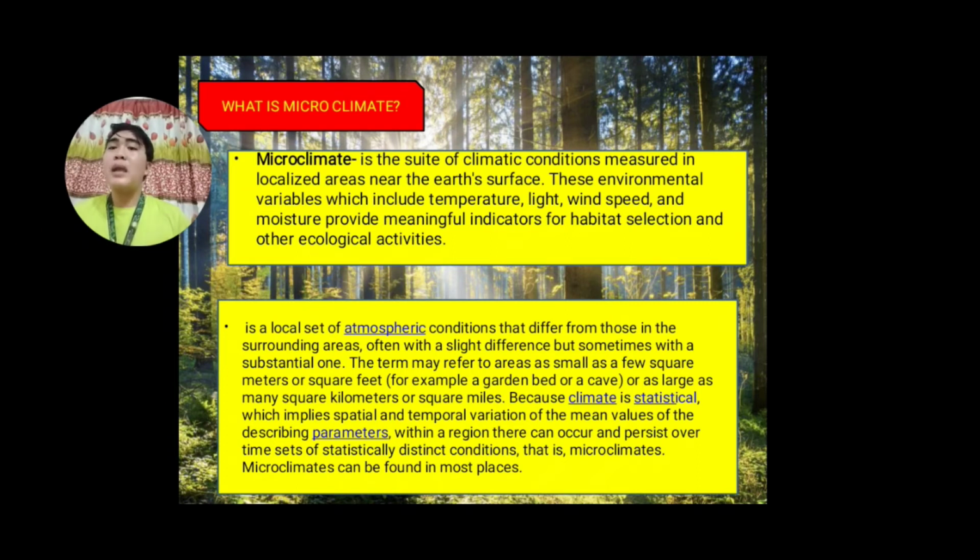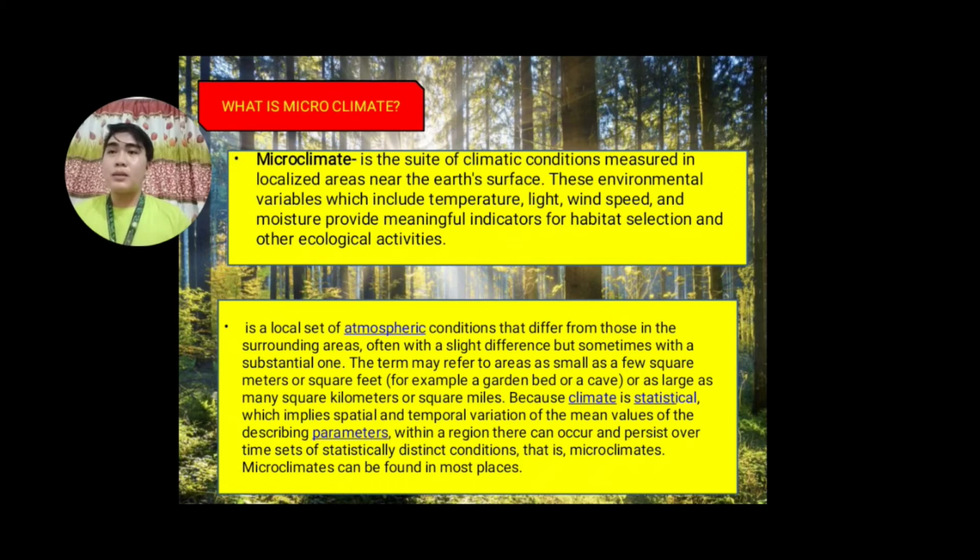The term may refer to areas as small as a few square meters or square feet. So the term microclimate is not just for huge areas but also for small areas of a few square meters or square feet.